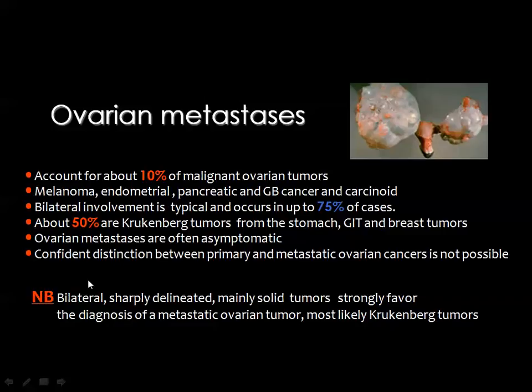The distinction between a primary and metastatic ovarian cancer is not possible, but if you see bilateral, sharply defined, mainly solid ovarian masses, this will strongly favor the diagnosis of metastatic deposits to the ovary, usually of the Krukenberg type coming from the stomach or the breast.